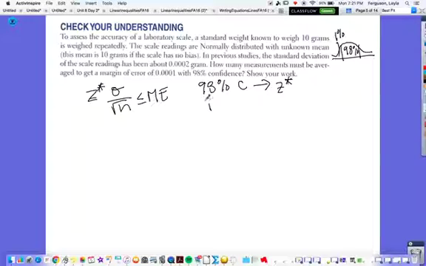So when I go to do this on the calculator to find my z star, I'm going to do inverse normal, but I'm going to say 0.98 plus 0.01. So I'm really going to say 0.99. My mean would be 0 and my standard deviation would be 1 because it does tell me it's normally distributed.